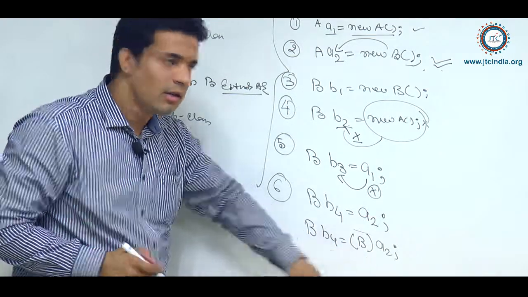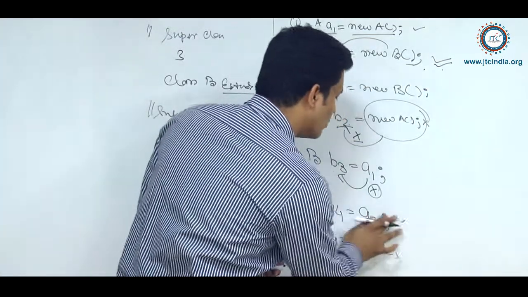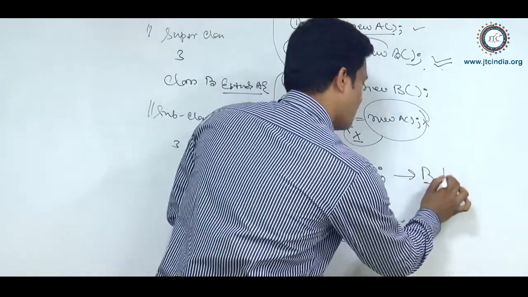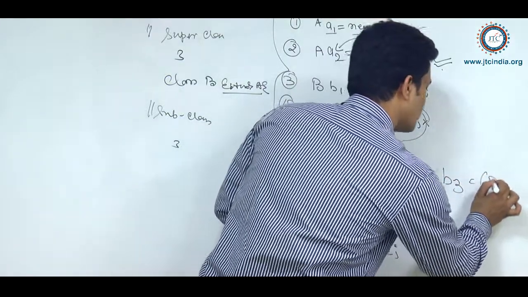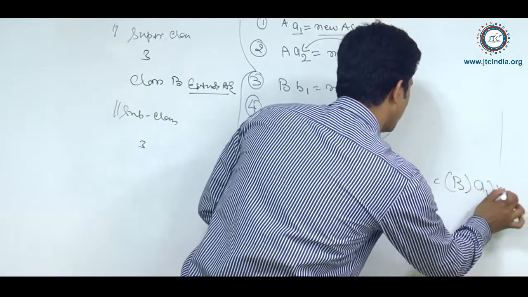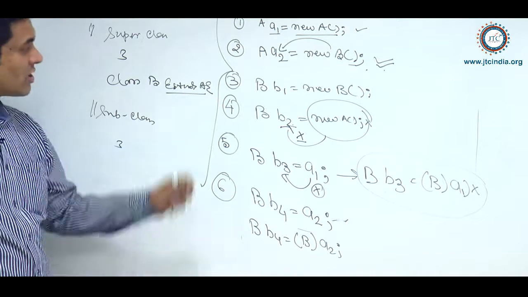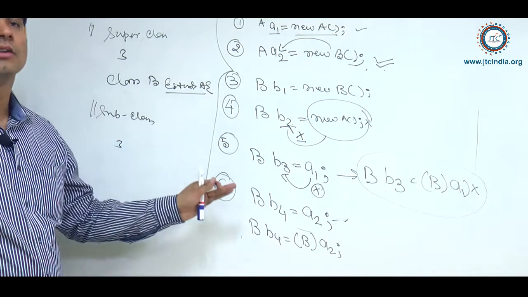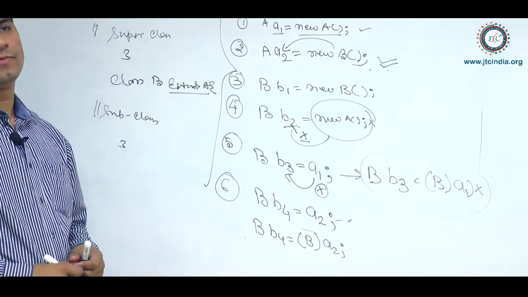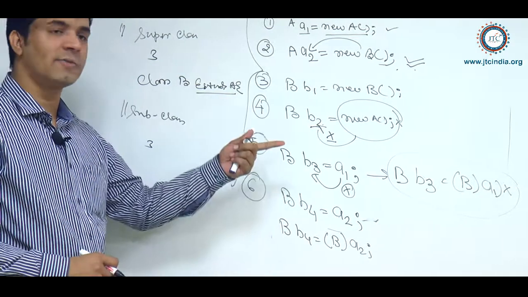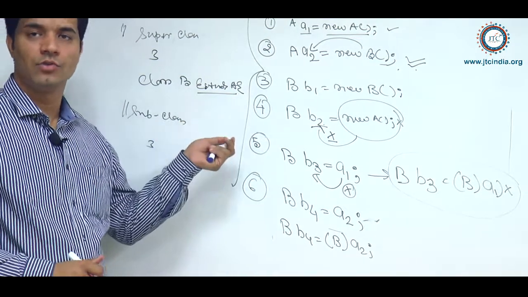But similarly, B b3 = a1, we cannot do. So this is what we call dynamic dispatch, and method overriding I have just shown you, right.